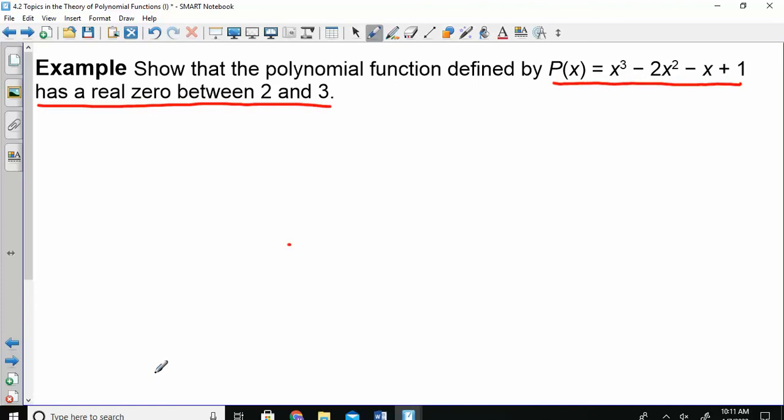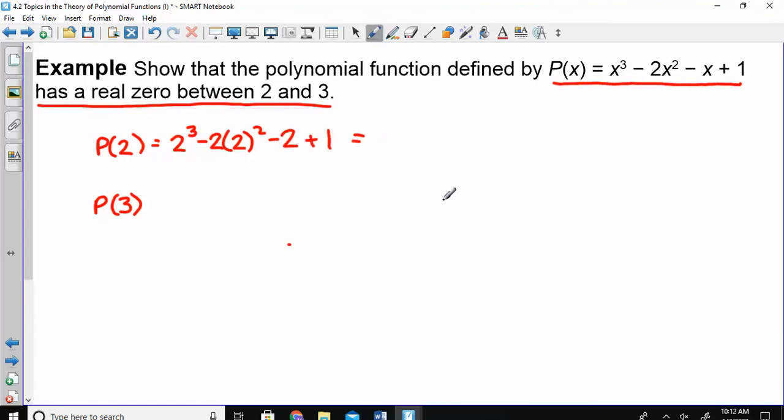So all we're going to do is plug those two x's into the equation. So we are going to find P of 2 and P of 3. Okay, you don't have to necessarily show me a lot of work. You're welcome to. If you plug in a 2, I would just pick up my calculator probably and plug it in.